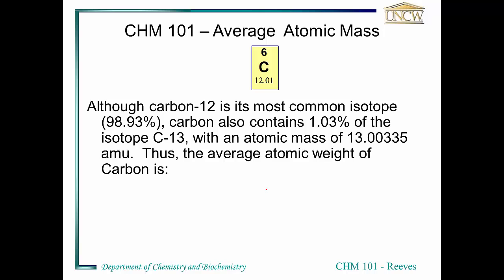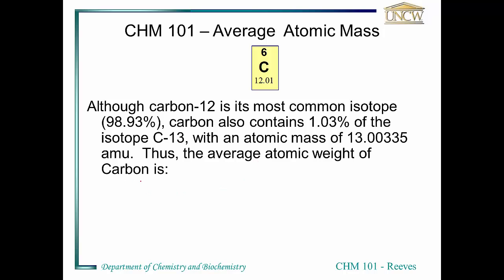And indeed, it turns out that while 98.93% of carbon atoms found in any sample are carbon-12, 1.07% are carbon-13, and the rest are other isotopes.